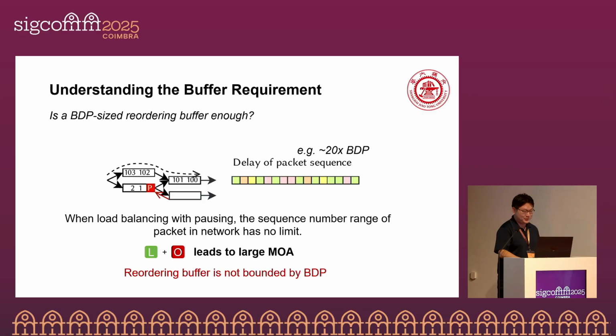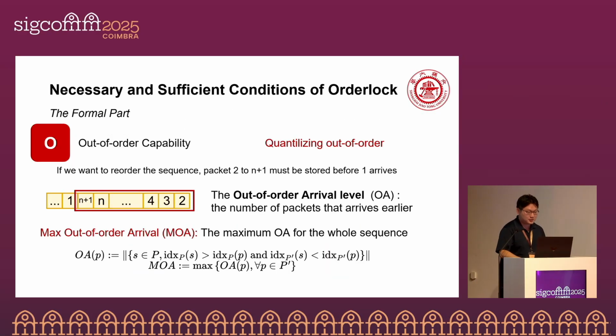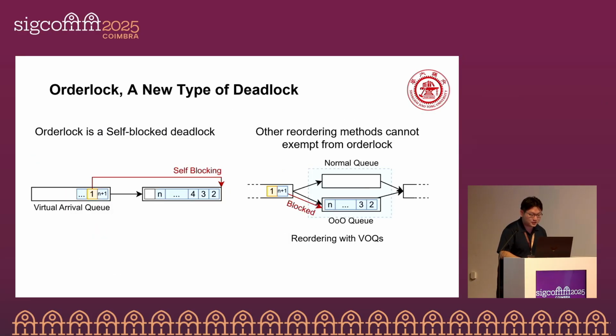Yes, that's also a good question. Let's change to my slides. For in-network reordering, such as SQR, we have seen it in previous literature. They use in-switch queues to perform reordering.